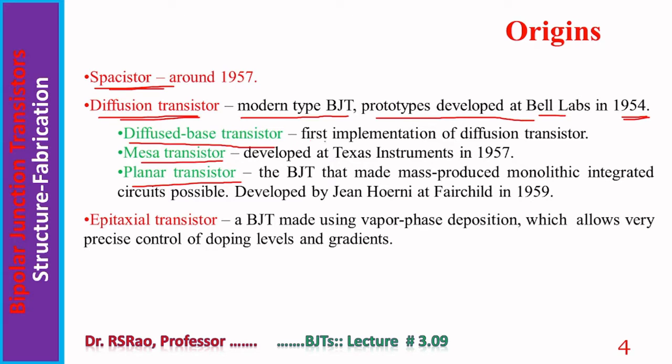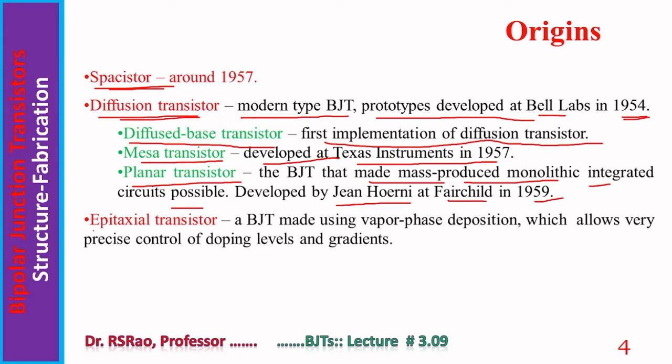Diffused base transistor is the first implementation of the diffusion transistor. MESA transistor was developed at Texas Instruments in 1957. Planar transistor is the BJT that made mass-produced monolithic integrated circuits possible. It was developed by Jean Hoerni at Fairchild in 1959.